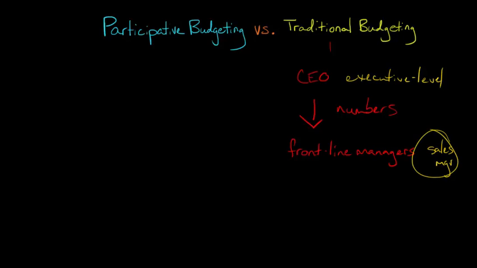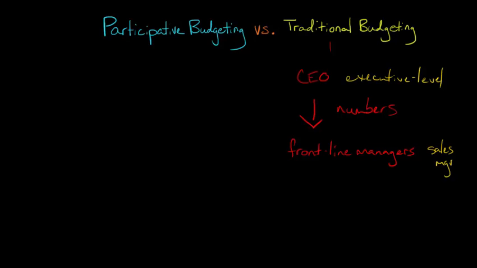Is it the sales manager who's working directly with the salespeople on a day-to-day basis? Or is it the CEO, who is more dealing with organization-wide strategy, working with different departments, coordinating? It's probably the person who's closer to the action, right? The sales manager is probably going to have a better pulse on what sales are going to be in the coming quarter.